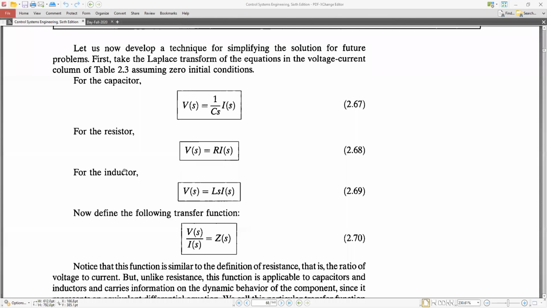That is for the capacitor, and for the resistor V(s) is R into I(s). For the inductor it is Ls into I(s), and for the transfer function V(s) by I(s) is Z(s). Okay, so remember this term. We'll use this term directly into the figure because we do not want to lose our time. Okay, we'll use directly.